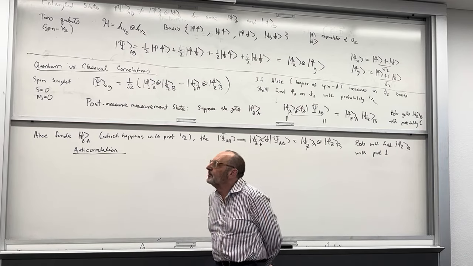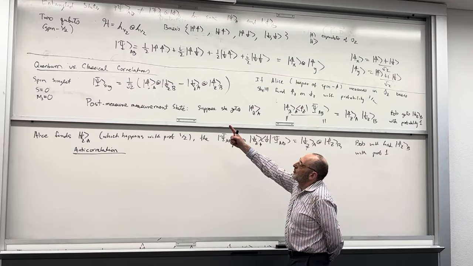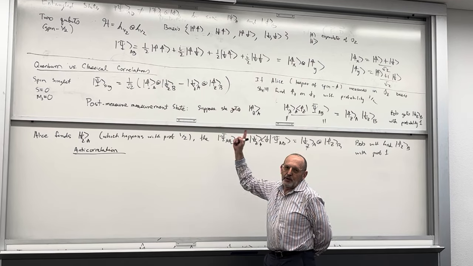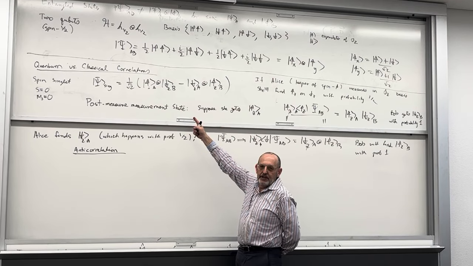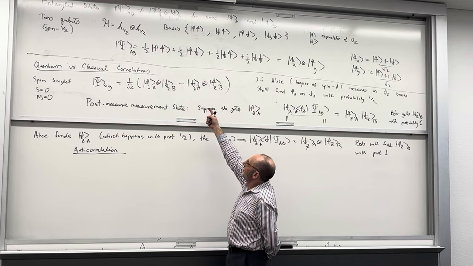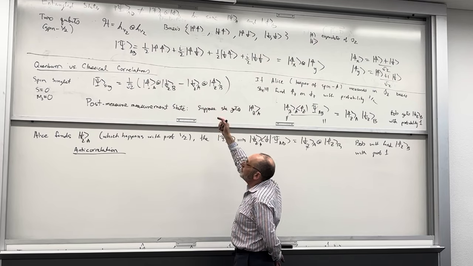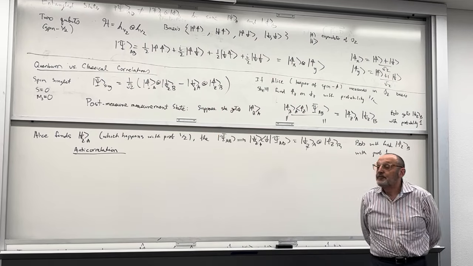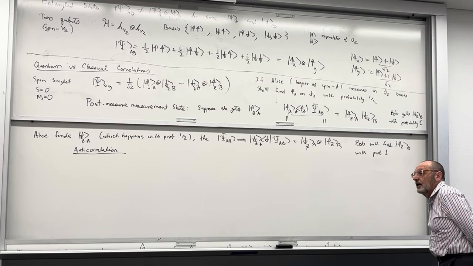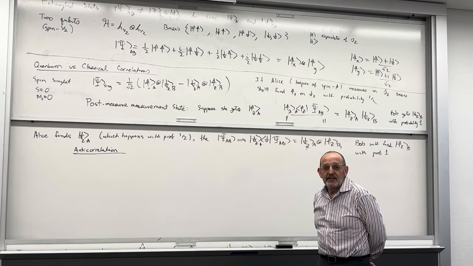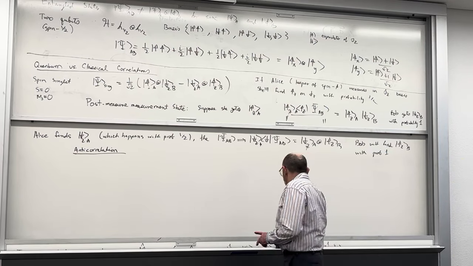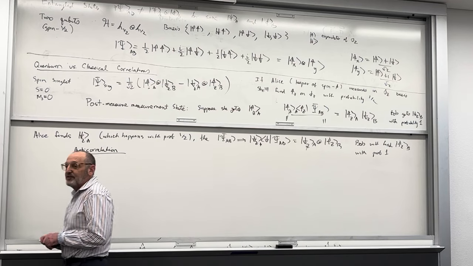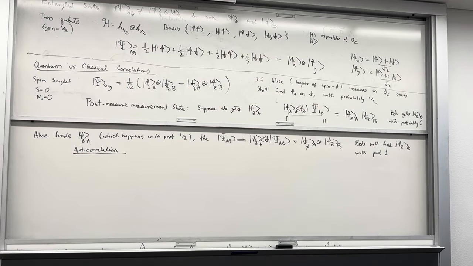If Alice finds spin up, Bob is certainly going to find spin down along Z. And if Alice measures and finds spin down, Bob is guaranteed to find spin up. Okay? But so what? I mean, we have those kinds of correlations all the time.